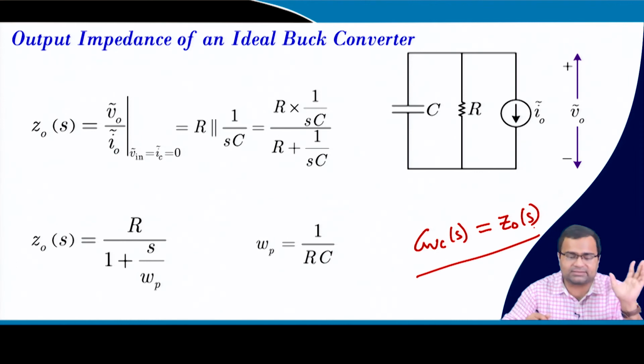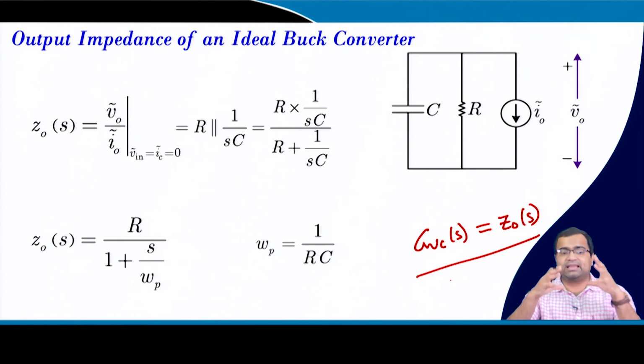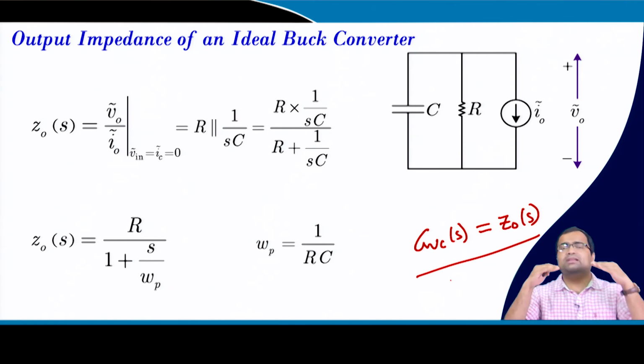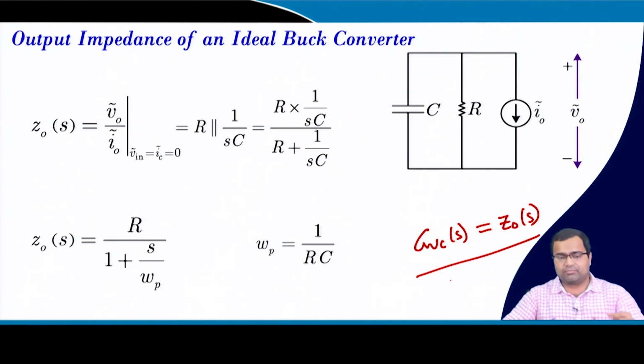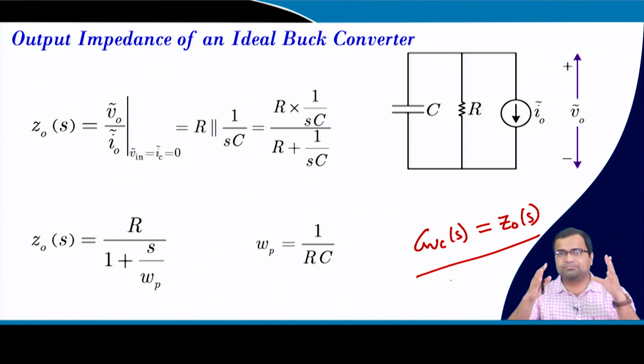But output impedance is heavily dependent on the load resistance. That means, if there is any change in load resistance, your output impedance DC value will shift up and down, and that is why the major drawback in current mode control is the load transient, load regulation problem, because we know from the voltage source concept that we have discussed in lecture number 13, that if you have an output impedance which is load dependent, then you have a real problem, because the regulation will be severely affected by this.